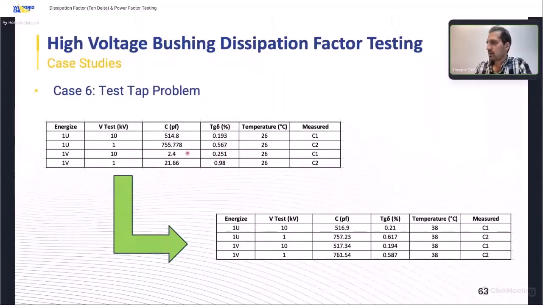But if we look at the capacitance value, we will see that there is a problem inside of the bushing. Because of this low value at C1, we repeated the C2 measurement and we found that if we apply voltage from the test tap, we don't get a proper value. In this case, we replaced the bushing with a new one because the test tap was disconnected from inside of the bushing.